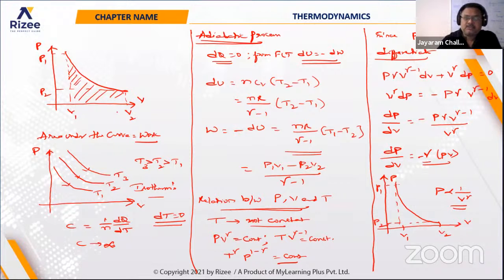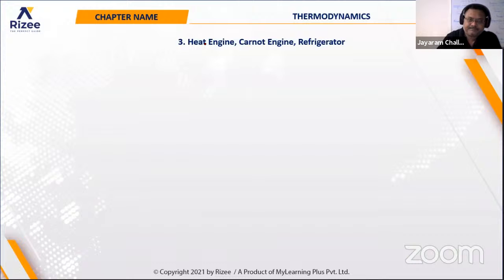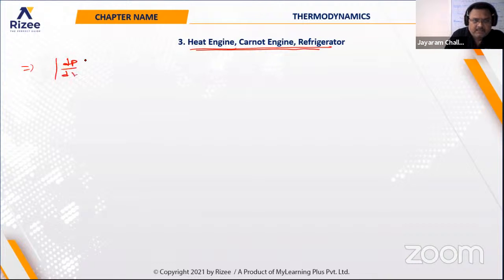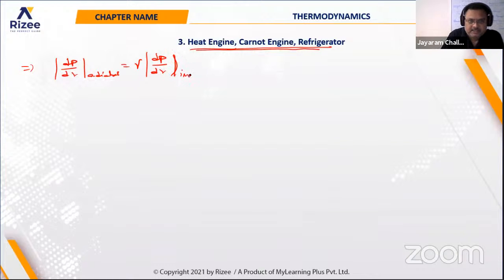Now, when you observe the slopes under these different processes, the steepness, that is the slope dP by dV under the adiabatic process, is equal to gamma times the slope dP by dV under the isothermal process, in modulus.